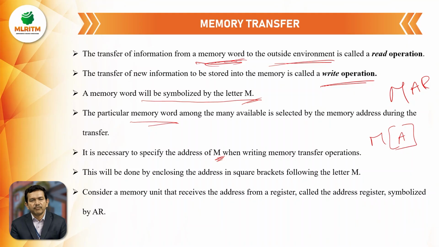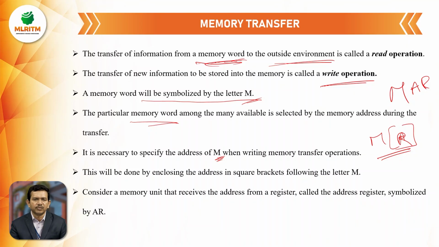It is necessary to specify the address of M when writing a memory transfer operation. If I write M of A or M of R, it means I am doing some memory operation, which may be a read operation or a write operation. It is necessary to specify the address of M when writing a memory transfer operation, meaning where it has to be stored.